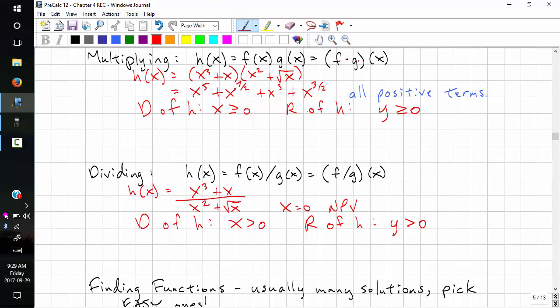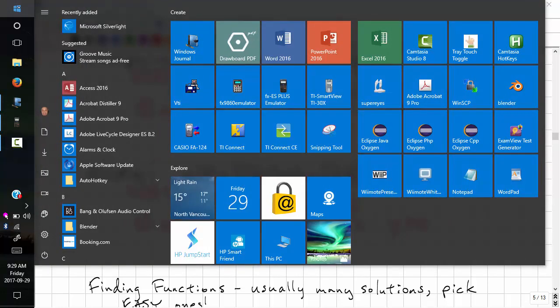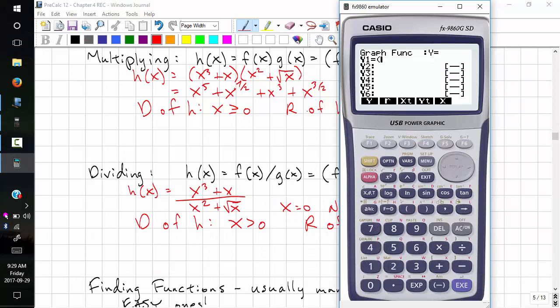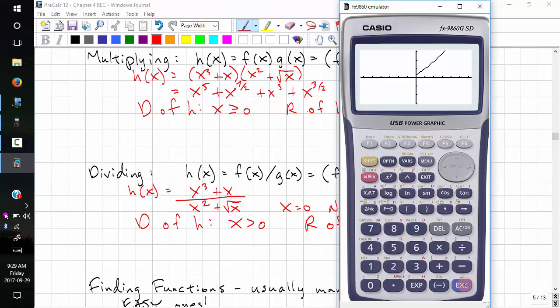We could try to graph this to figure this out. So we need to have brackets around the numerator and denominator, and graph.